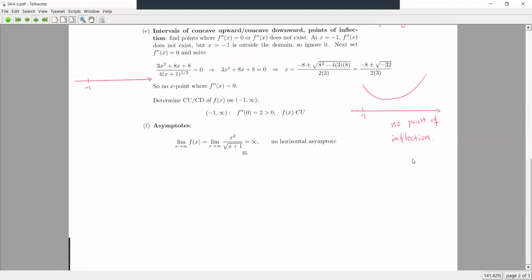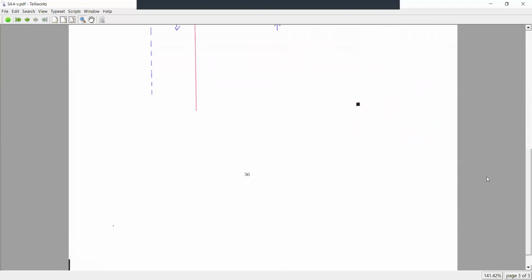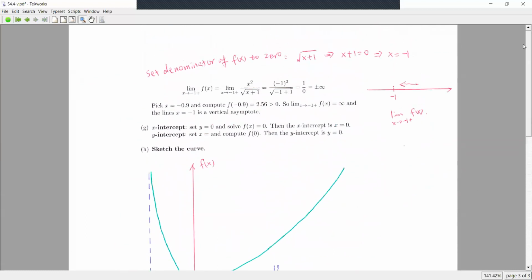Okay, now let's find the vertical asymptote. A vertical asymptote can only appear at a point where the denominator is 0, because only when the denominator is 0, the function value is likely to be infinity.